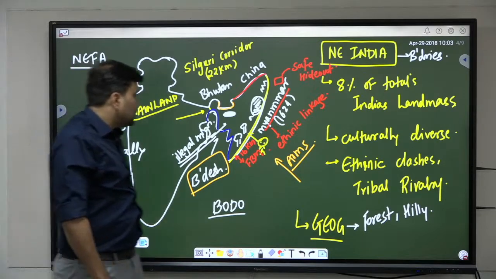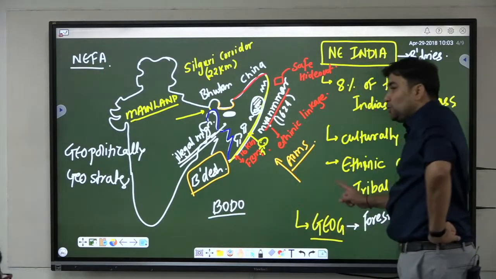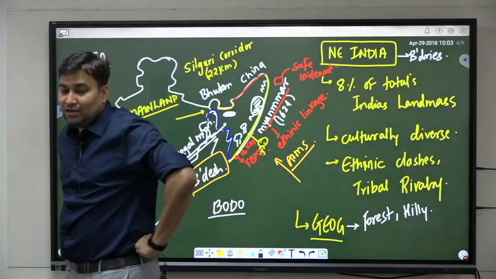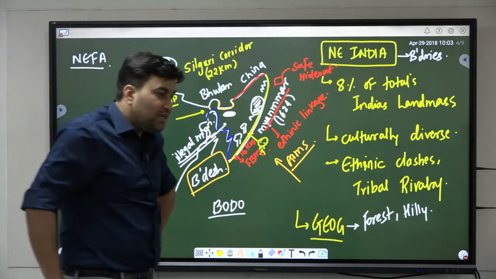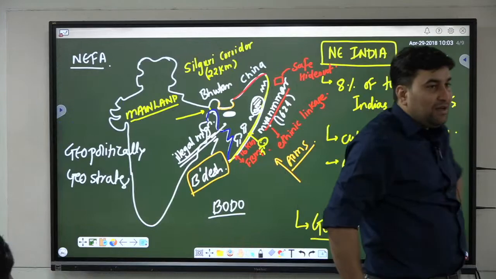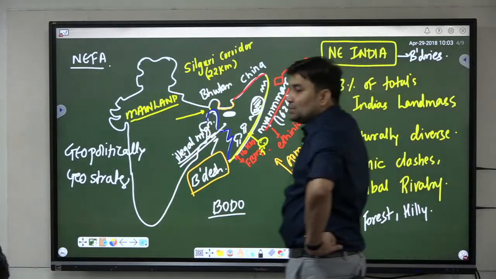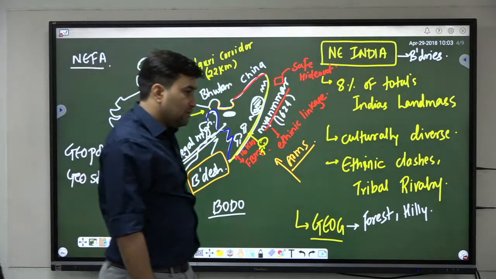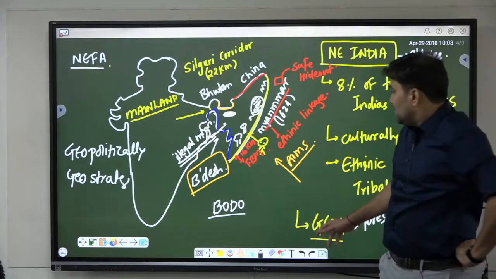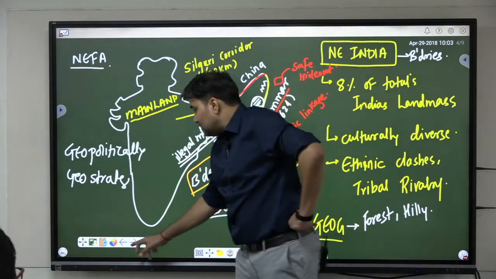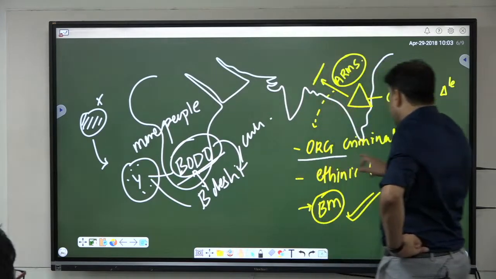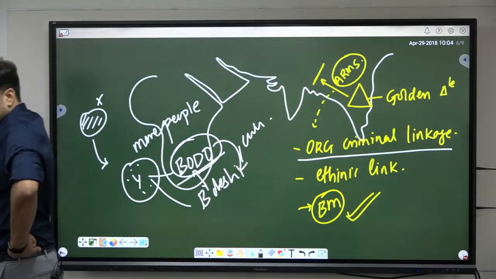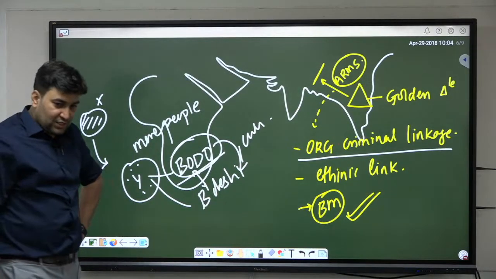Fourth, proximity to golden triangle and easy availability of arms. Who gives this? That is presence of organized criminal linkages.